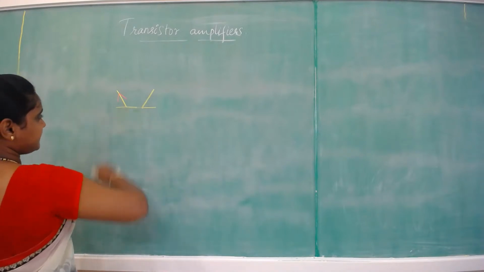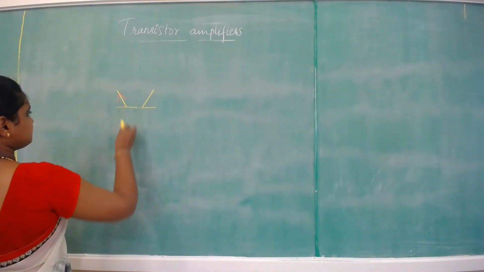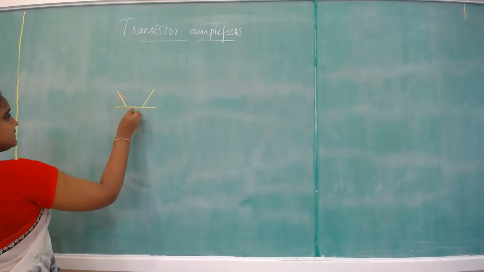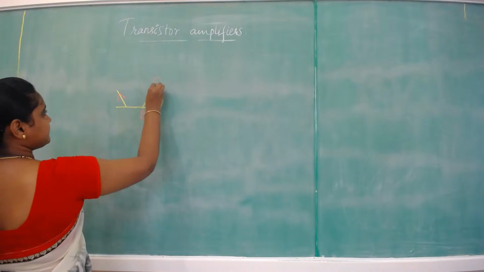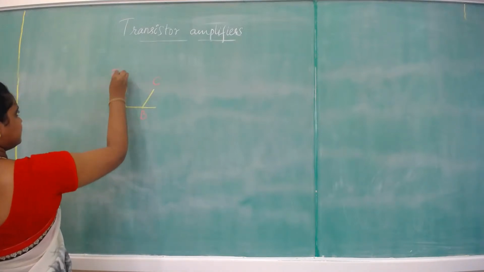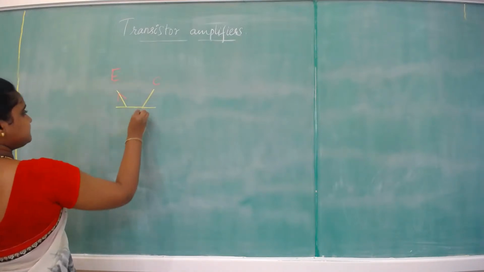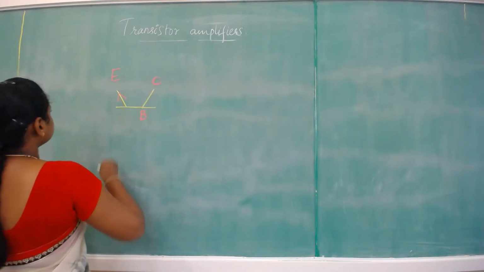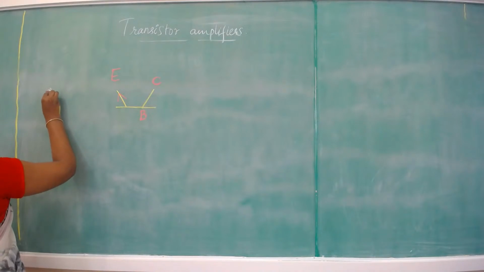this is the transistor. This is base, collector, emitter, base and collector.